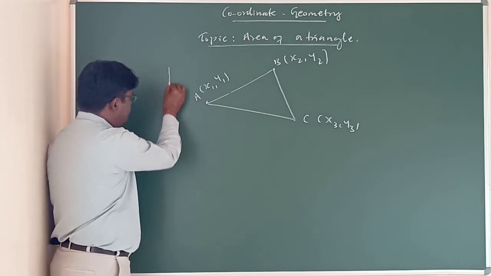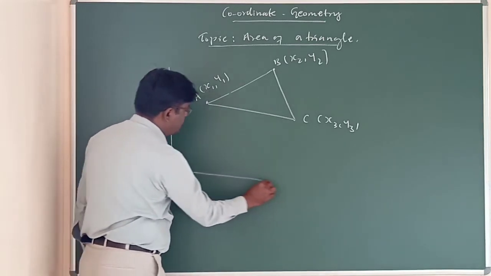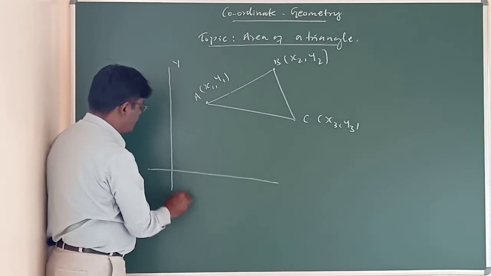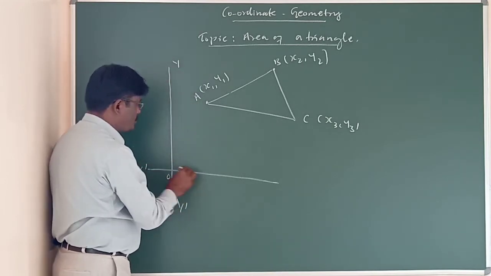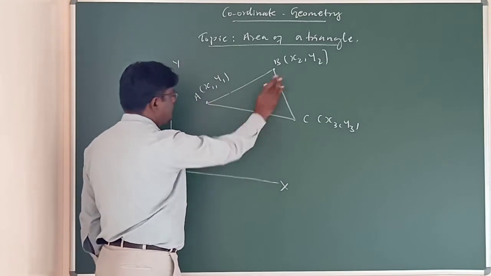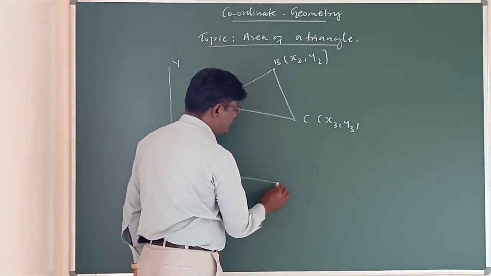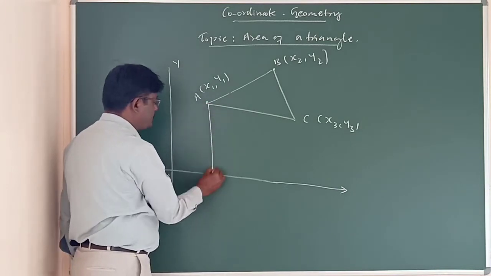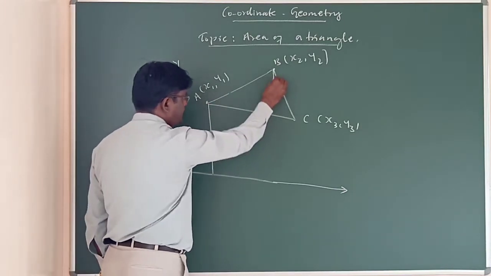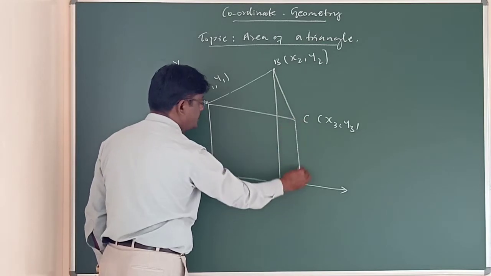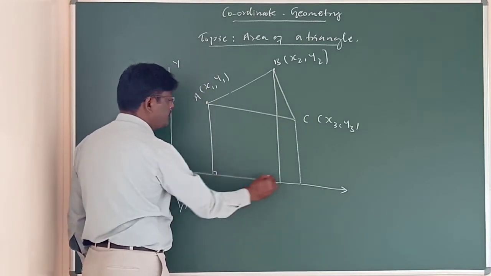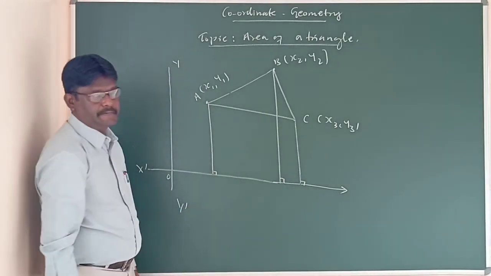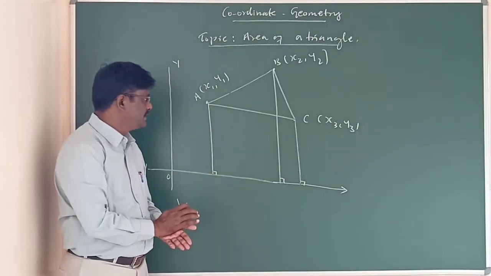With respect to the Cartesian plane, y'oy, x'ox, we have these coordinates. Now, if we draw the perpendiculars, altitudes, from each vertex to the x-axis, then we get some geometrical shapes.